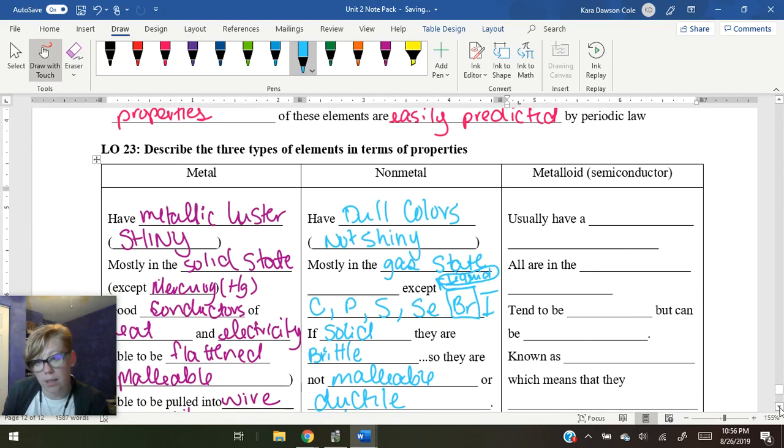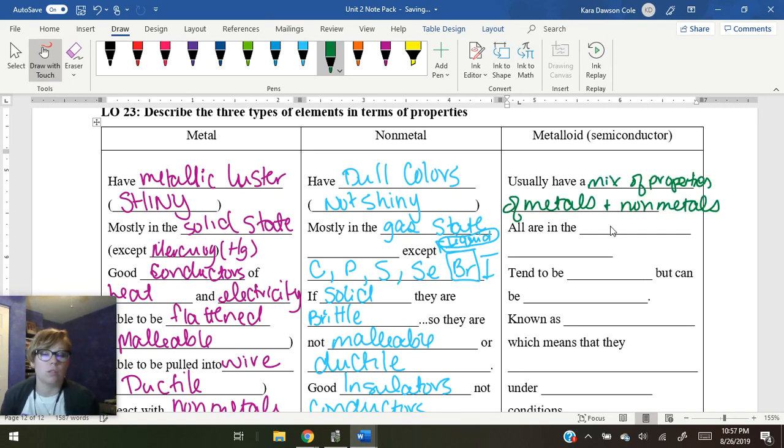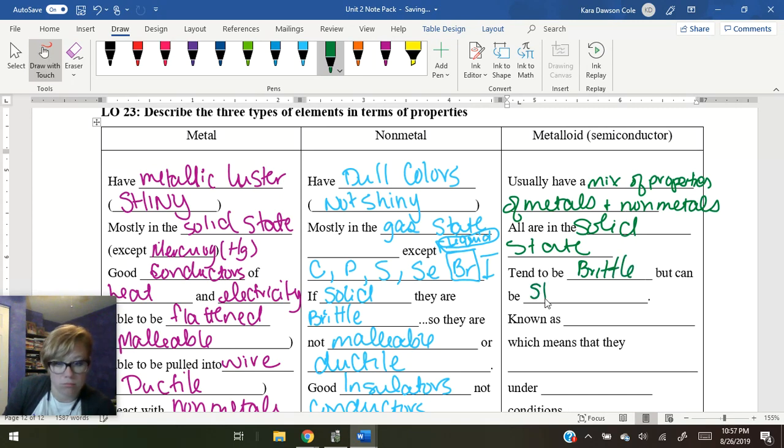Okay, then we have the metalloids. These usually have a mix of properties of metals and nonmetals. All of these are in the solid state. They tend to be brittle, but can be pretty strong.